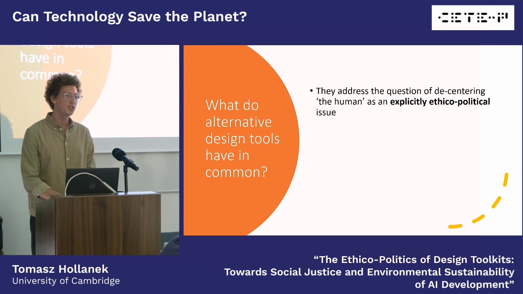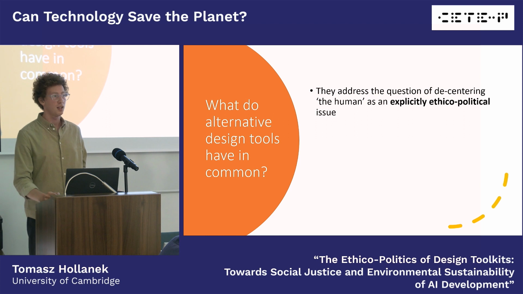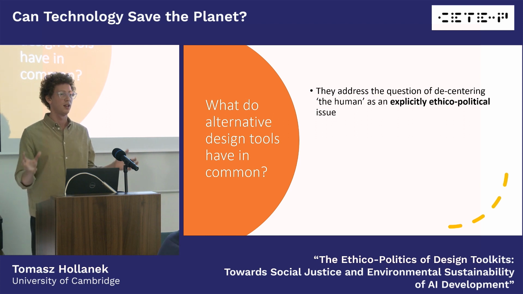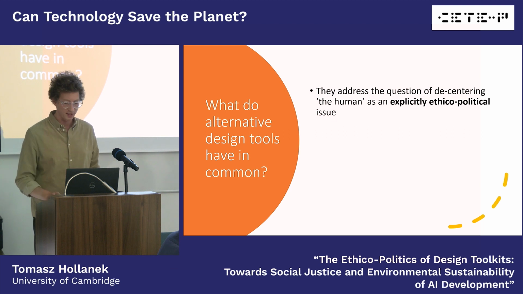So this is to say that the idea of ethics behind them is not divorced from concrete political questions, including the question of social justice as inherently tied to the idea of environmental sustainability.